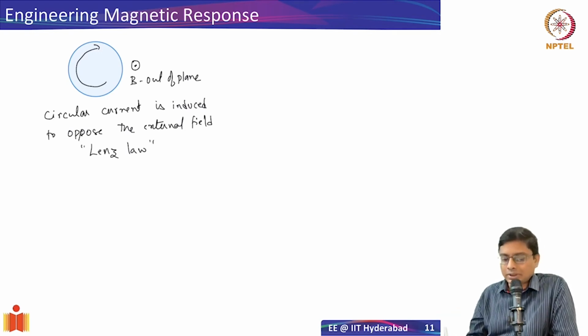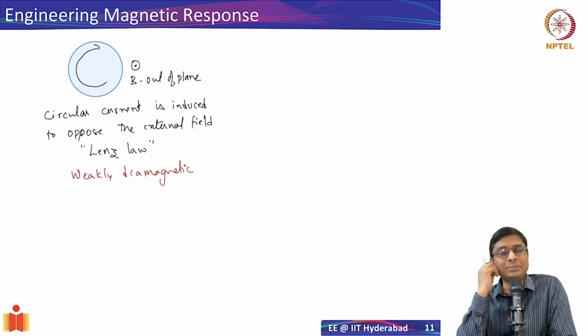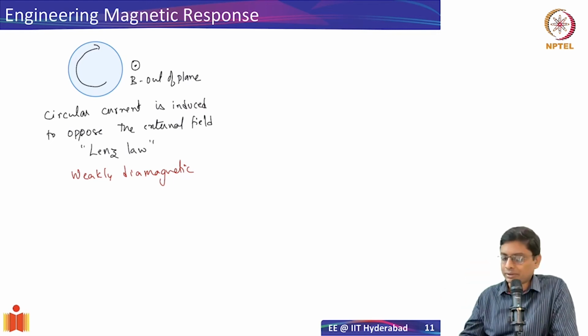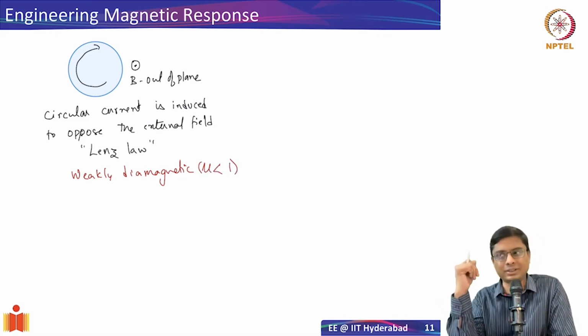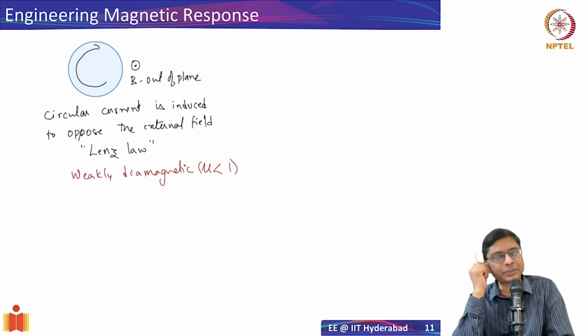Now, this sort of response is what we call weakly diamagnetic. What we mean by that is it just slightly reduces the field; it's going to have a permeability which is not equal to 1. So mu is going to be slightly less than 1, not really a very large number. So this is how you can create a diamagnetic response.